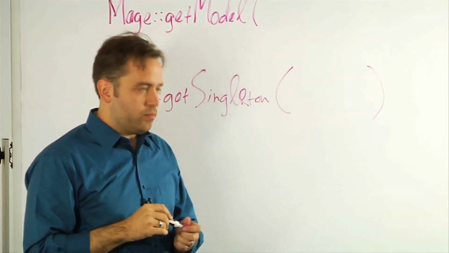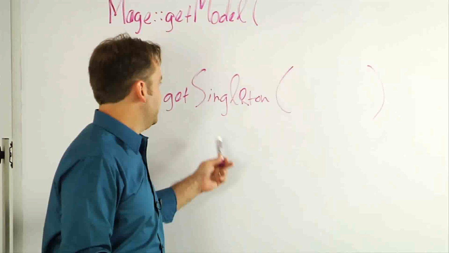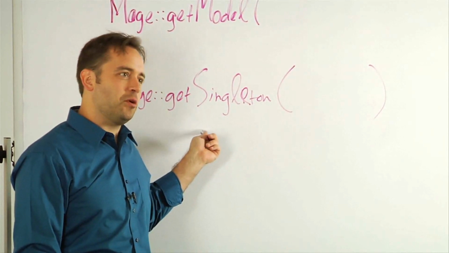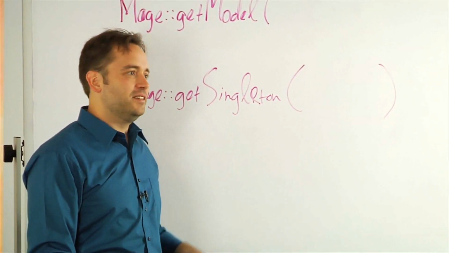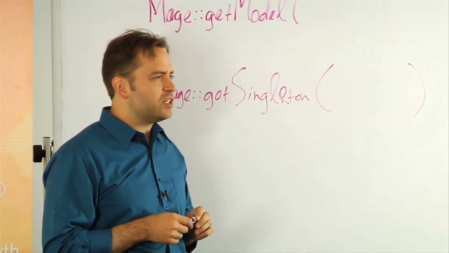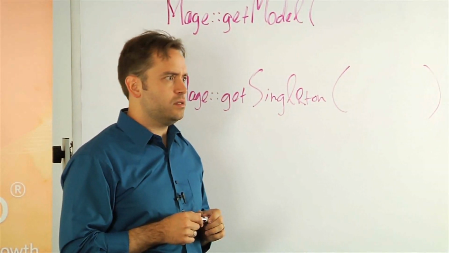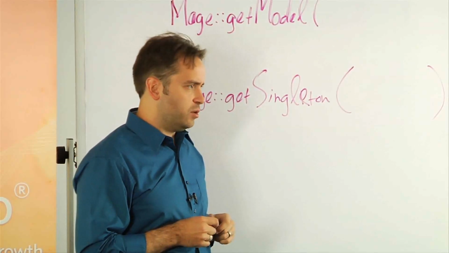And of course, you could probably infer from the method name that you're going to get a singleton here. So, everyone know what a singleton is? Anyone not know what a singleton is?